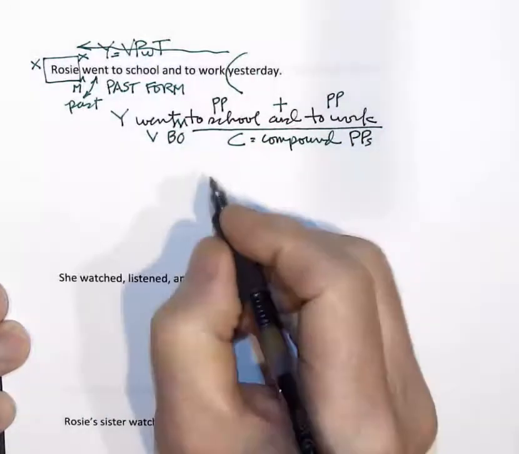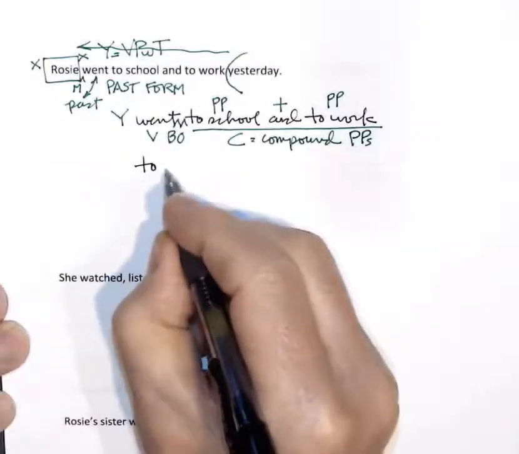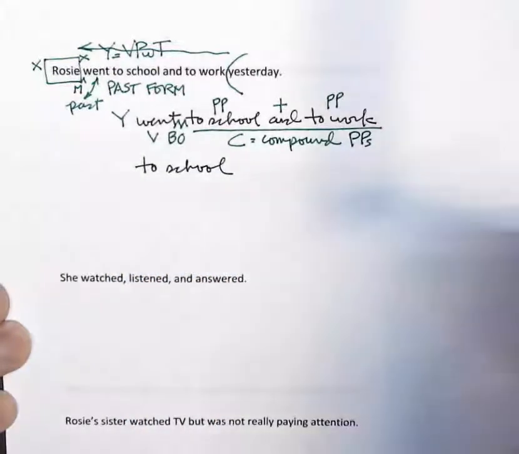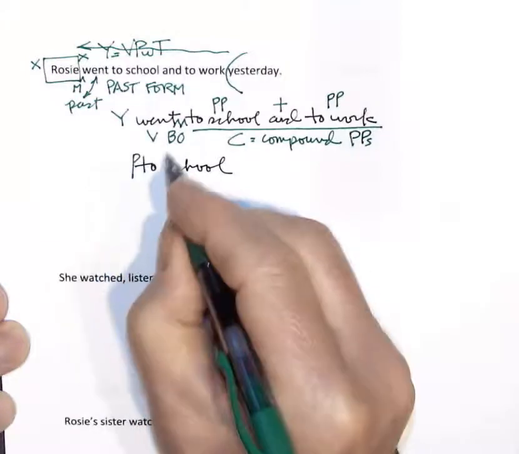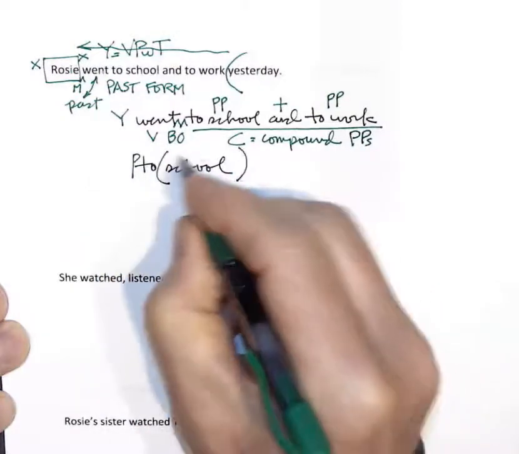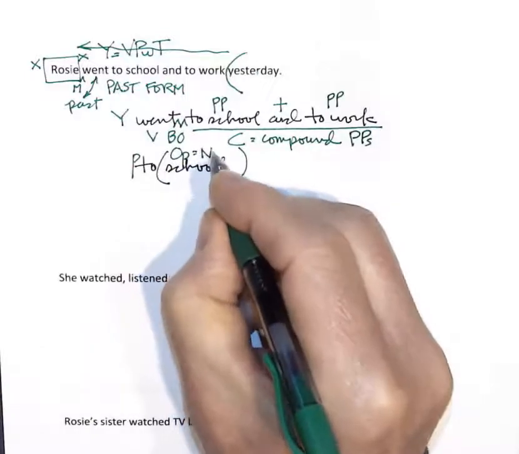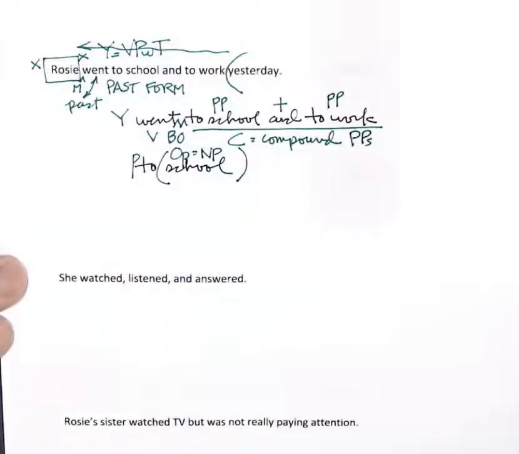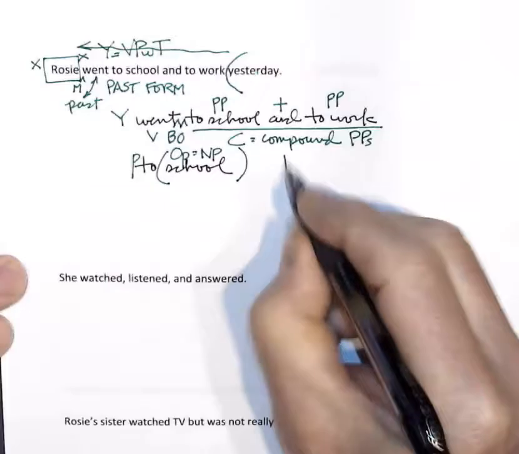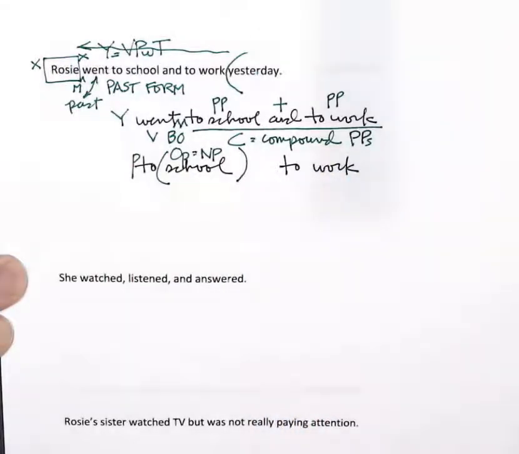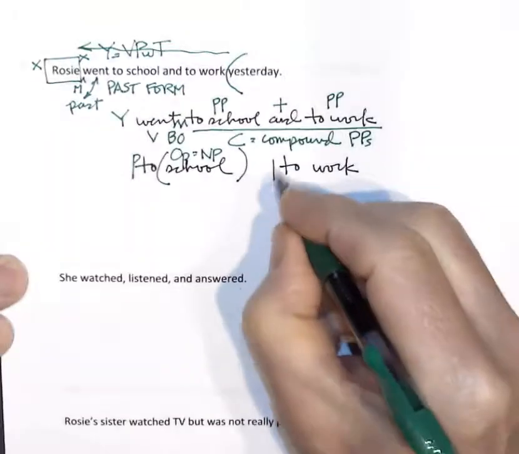Let's do one at a time. To school. To is the preposition. School is the object of the preposition. It's a noun phrase. And to work is the other part of the compound.